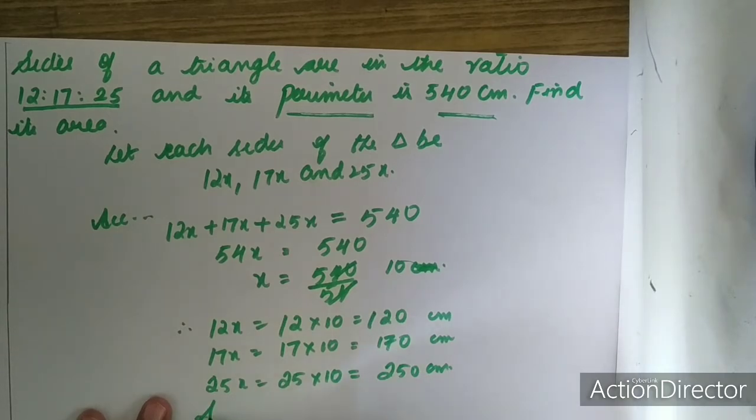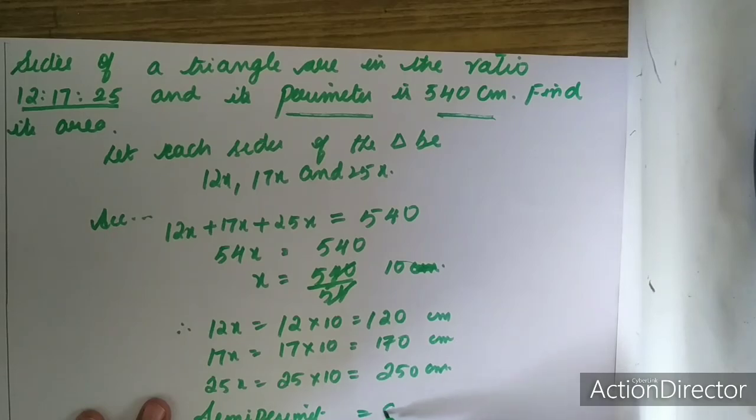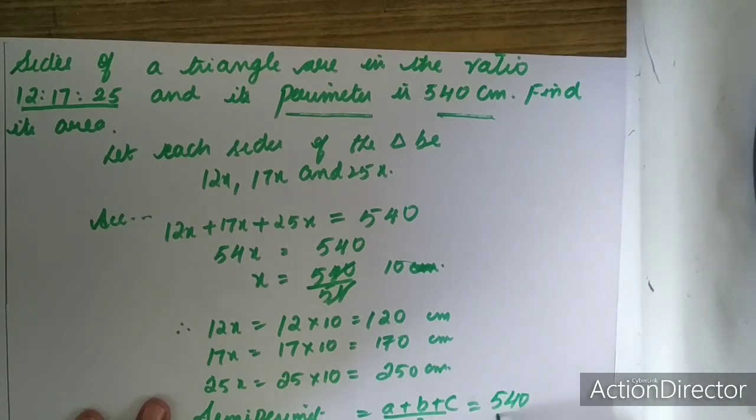Now what is semi-perimeter? Semi-perimeter is equal to A plus B plus C upon 2. But since the perimeter is already given in the question as 540, it is 540 upon 2, which is equal to 270 centimeter.